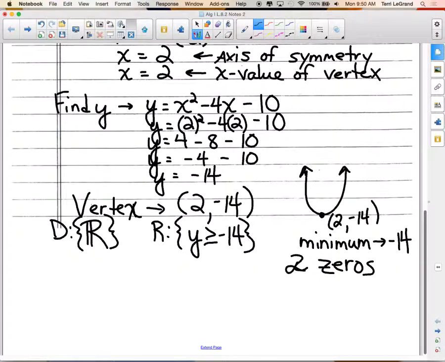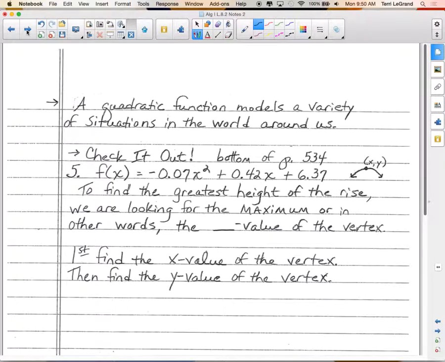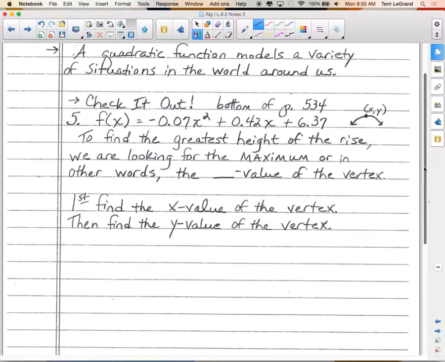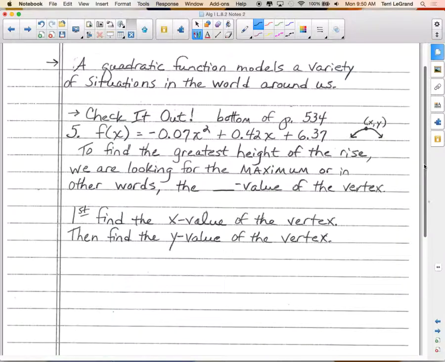Okay, let's go to the back then and do the other thing that we're going to do today, which is finding the vertex and then using it to help us talk about the minimum or maximum. And in this situation, we know what the x and the y are representing, so we're going to be able to say more than it's just a minimum or a maximum.